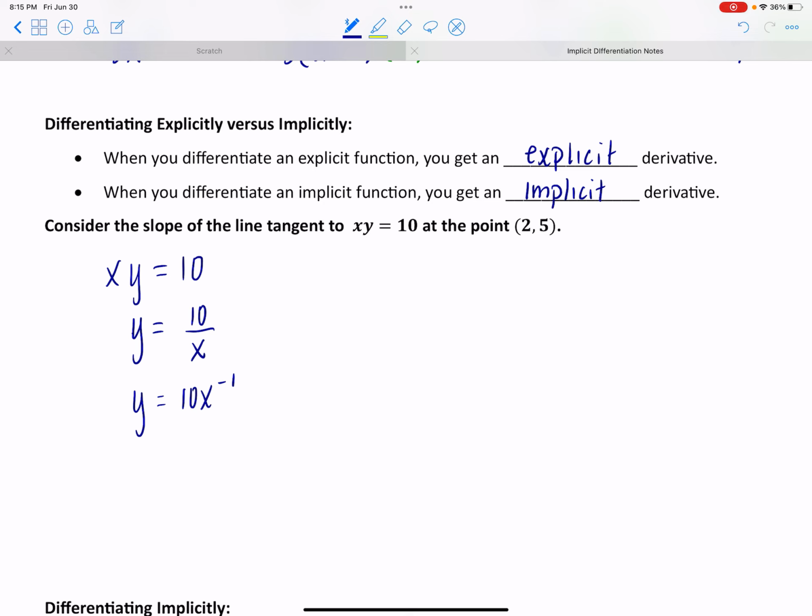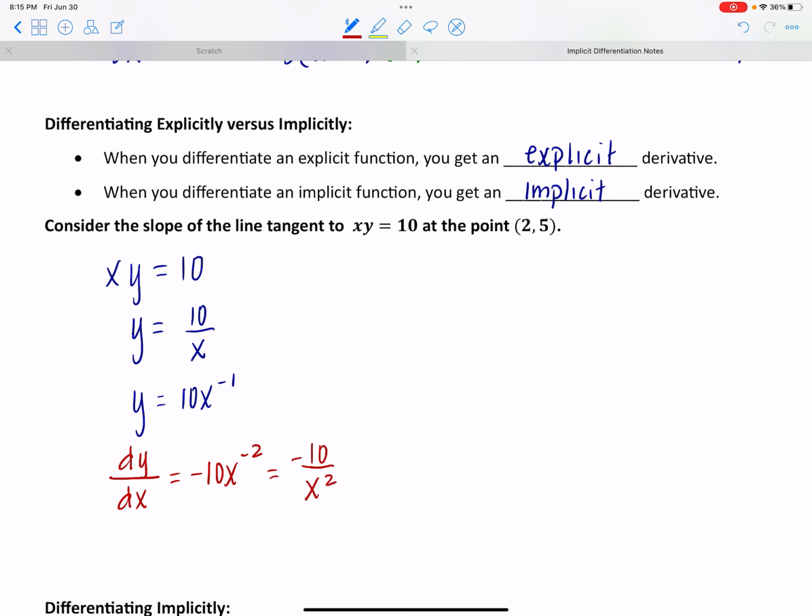So if I wanted to differentiate now, I'd say y prime, or because we're going to be working with implicit differentiation, and we'll have lots of terms with y's, instead of using y prime and confusing that with an exponent, I'm going to stick to the dy dx notation. Okay, but that's just the derivative of y, right? Derivative of y with respect to x would be equal to negative 10x to the negative second, or we could call that negative 10 over x squared.